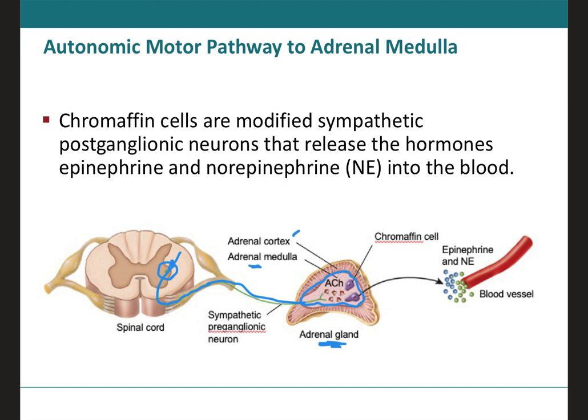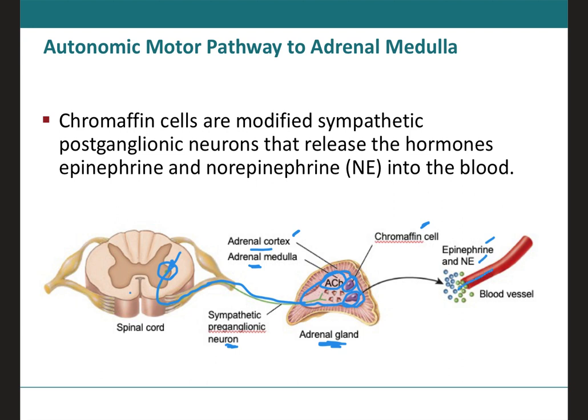The outer part is what we call the adrenal cortex. Inside the adrenal medulla, the sympathetic preganglionic neuron will release acetylcholine, just like the other preganglionic neurons. And when it releases acetylcholine, it will activate specialized cells called chromaffin cells to release hormones, which will be epinephrine and norepinephrine, into the bloodstream.